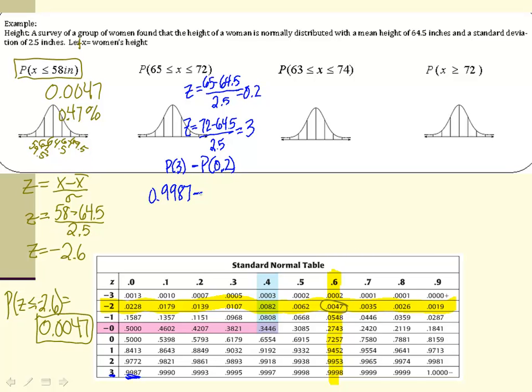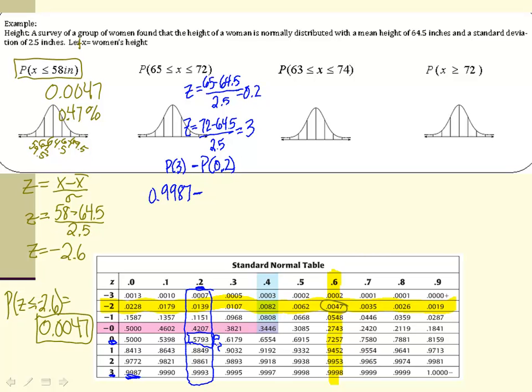But we want to subtract the probability of it being less than 65, which we converted using our z-score. That's the same as the probability of 2/10ths. So 2/10ths is right here. So it's 0.2. Looking here, the number before our decimal is 0, and since it's positive 0.2, it's right here.